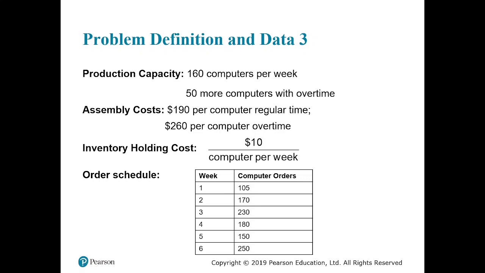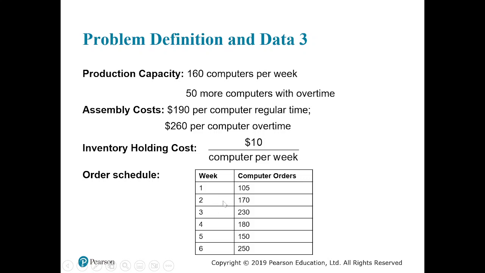Well, this company can produce 160 computers per week. So the question is, do you want to produce 160 in the first week, or do you want to produce 105? If you produce 105, then whatever you produce will be sold in the same week. So you don't have to pay for the inventory.